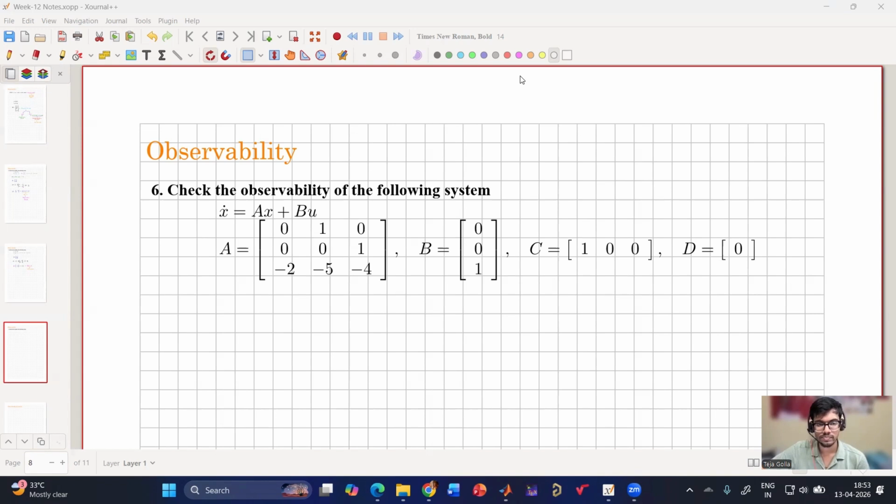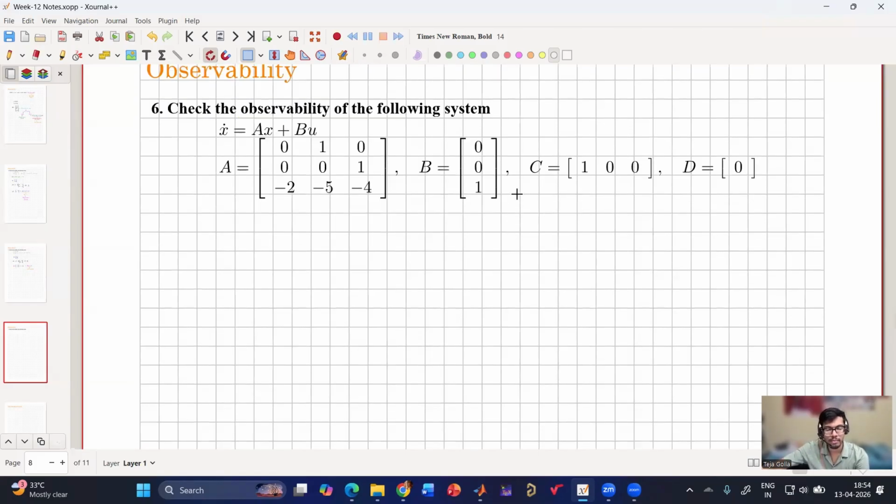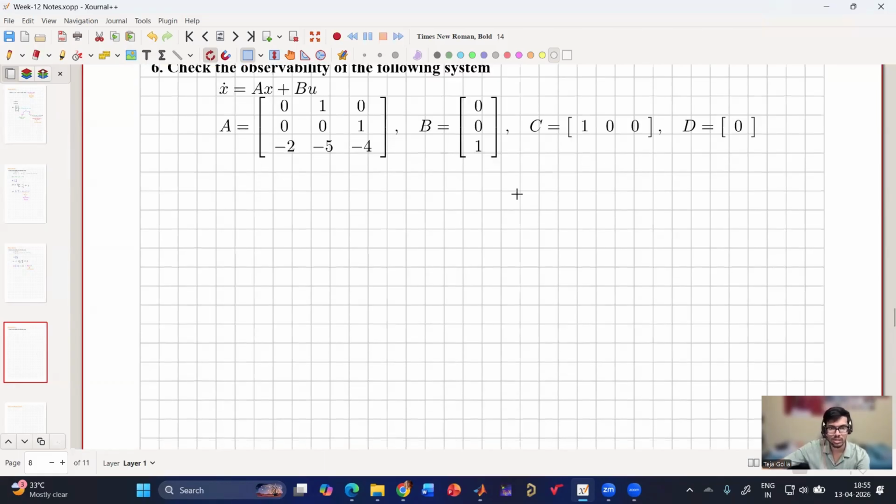We'll join back. So let us solve the sixth problem of today, where I have given A, B, C, D matrices, and then I'm asking whether the system is observable or not. The order of the system is n, which equals 3.